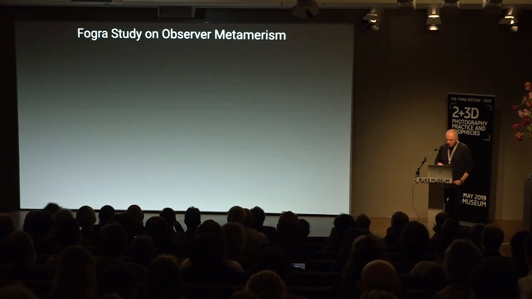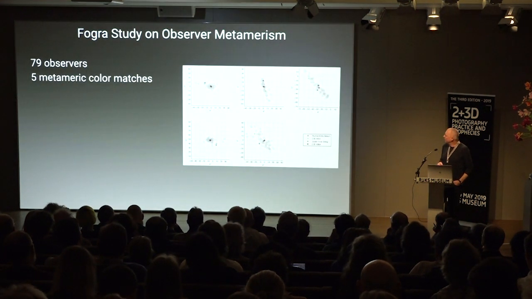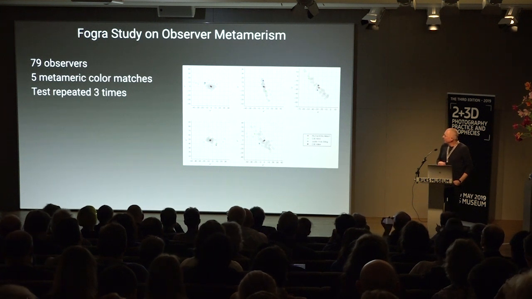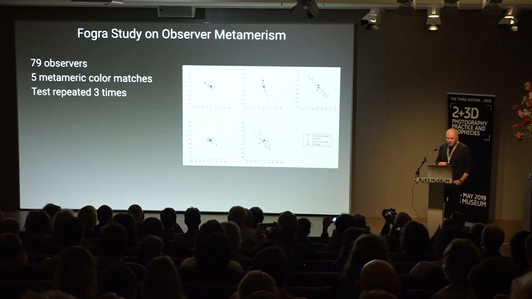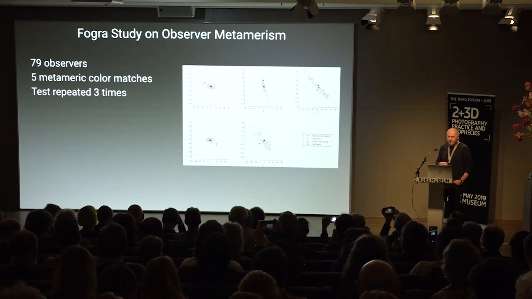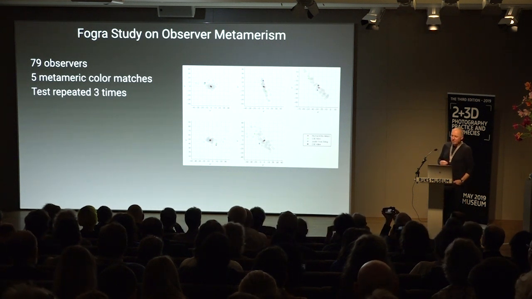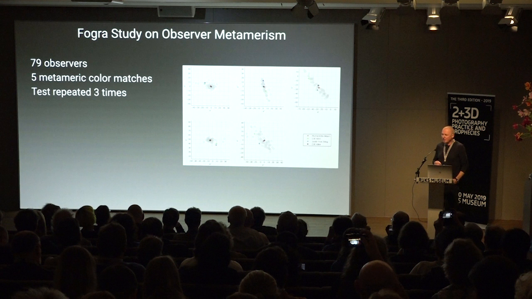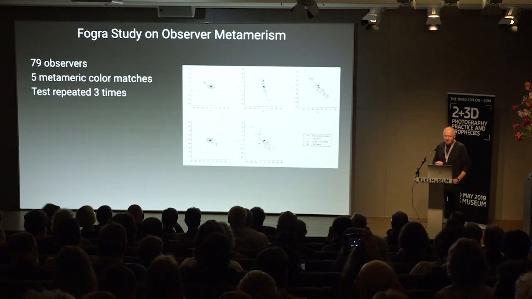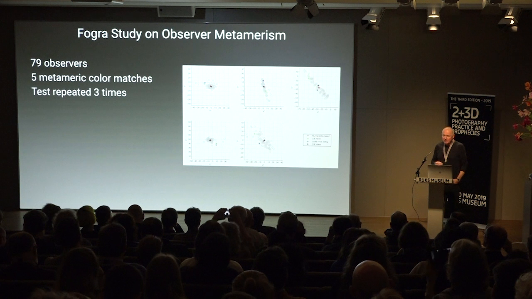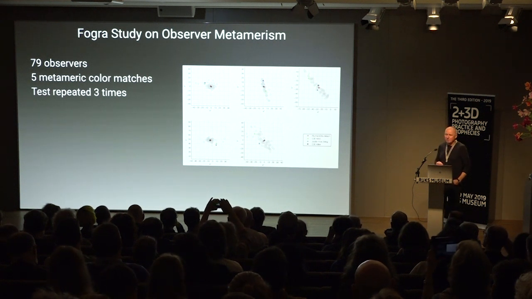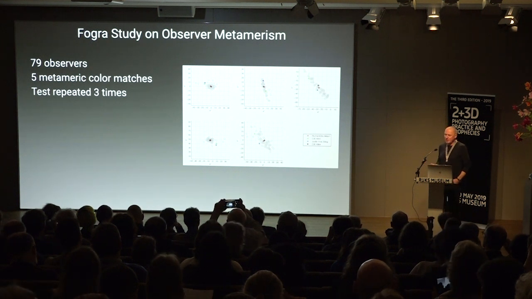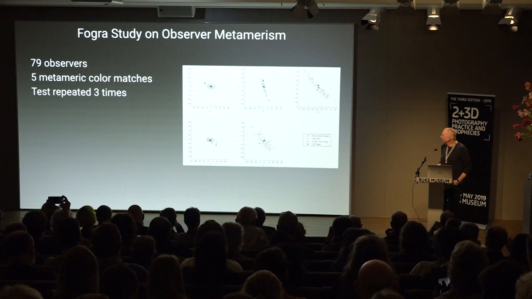FOGRA, the German Institute for the Graphic Arts industry, did a study on observer metamerism. They tested 79 observers. They had 5 color samples, metameric color samples. And in order to get the results halfway right, they repeated these tests with each of the observers 3 times.